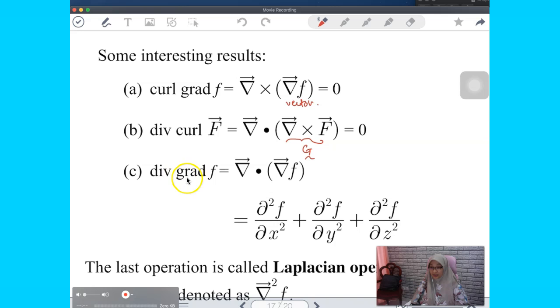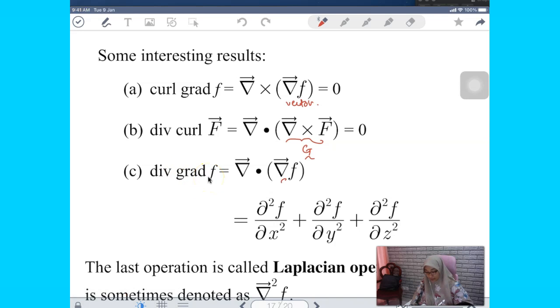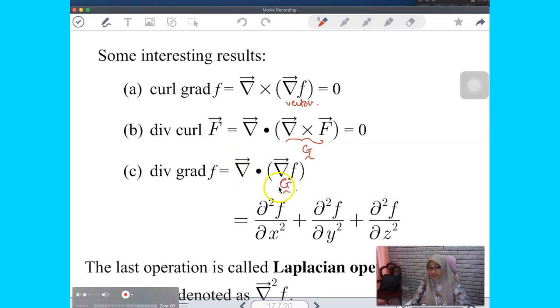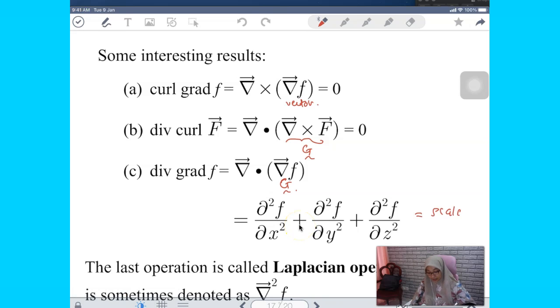Okay. And the third one, we have the divergence of the gradient of f. So we know that the gradient of f will give you a vector, for example, vector g. And then the divergence of the vector g will give you a scalar function.